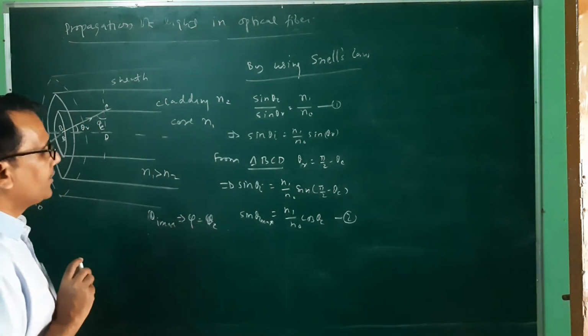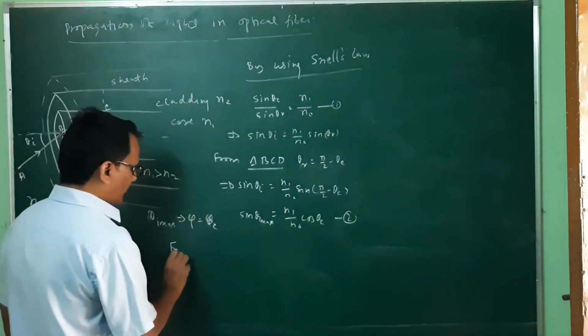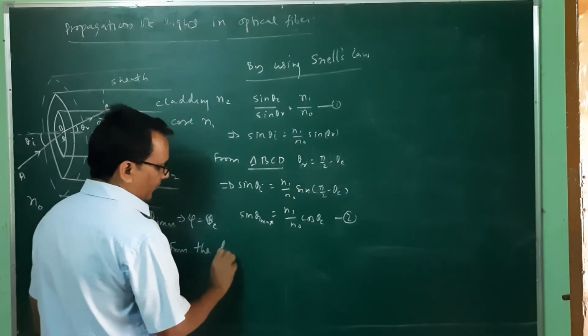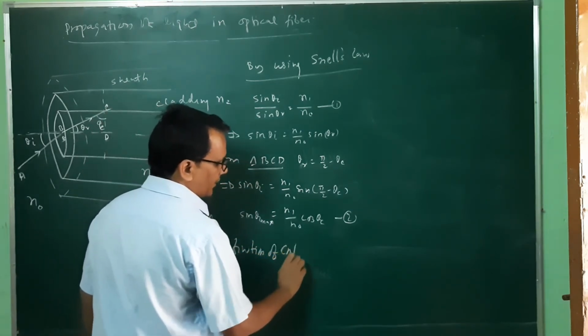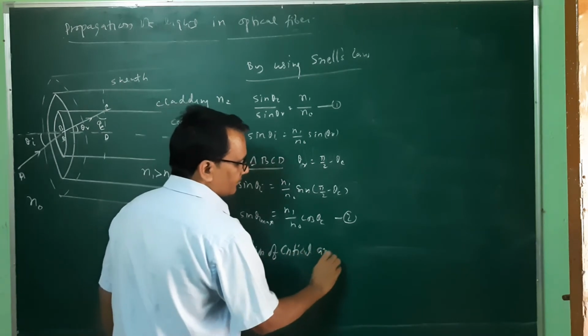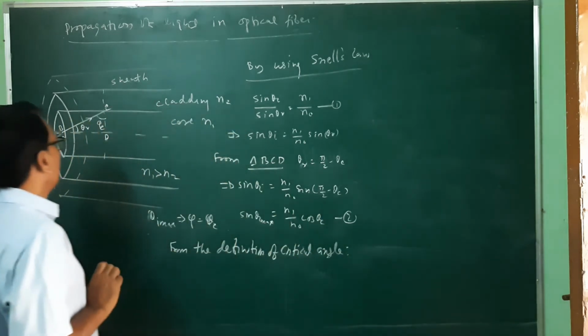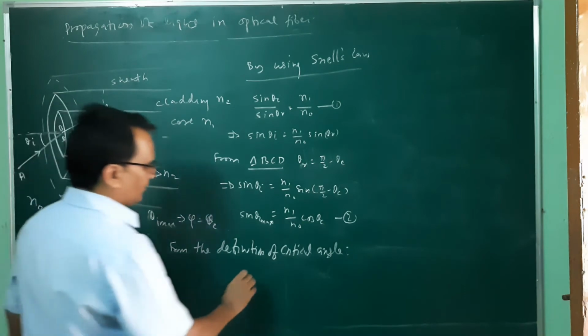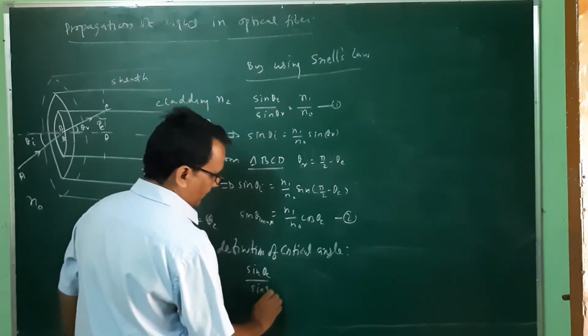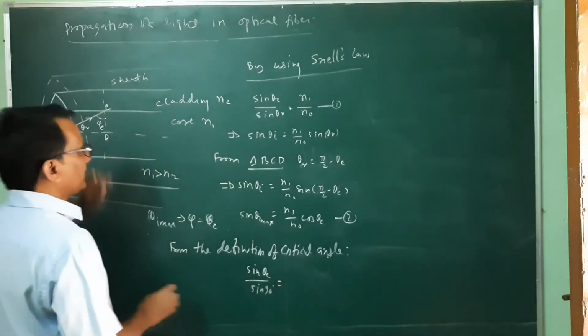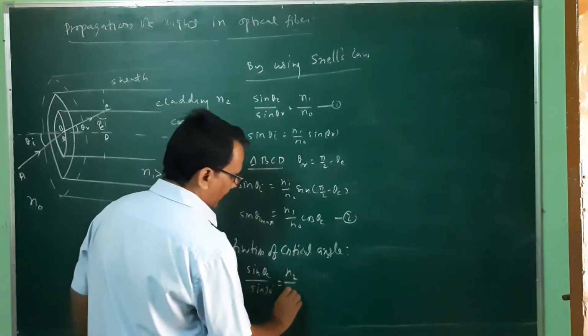Now we will use the definition of critical angle. From the definition of critical angle, going from denser medium to rare medium, sin theta C by sin 90 is equivalent to N2 by N1.